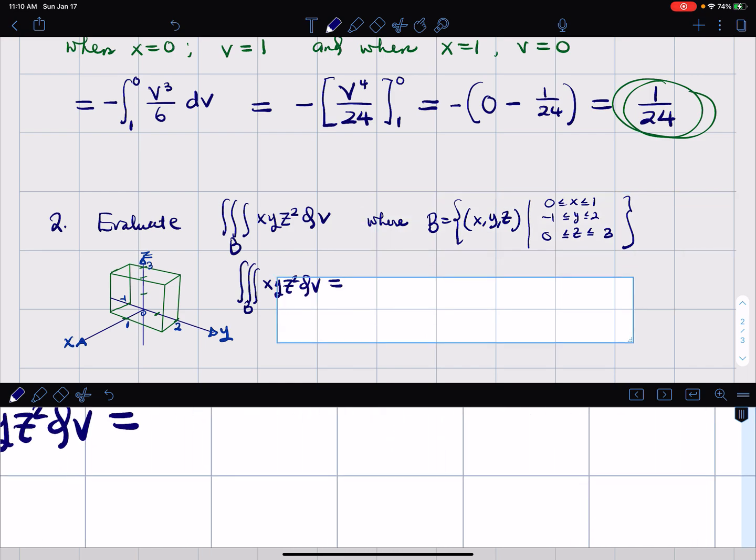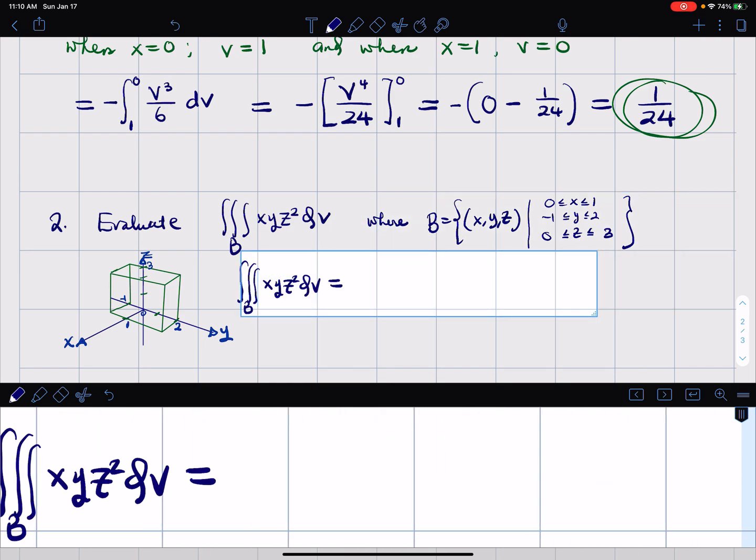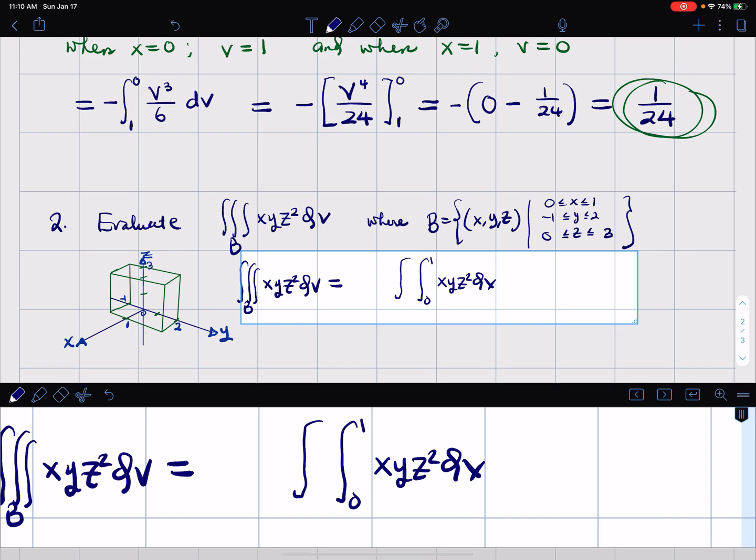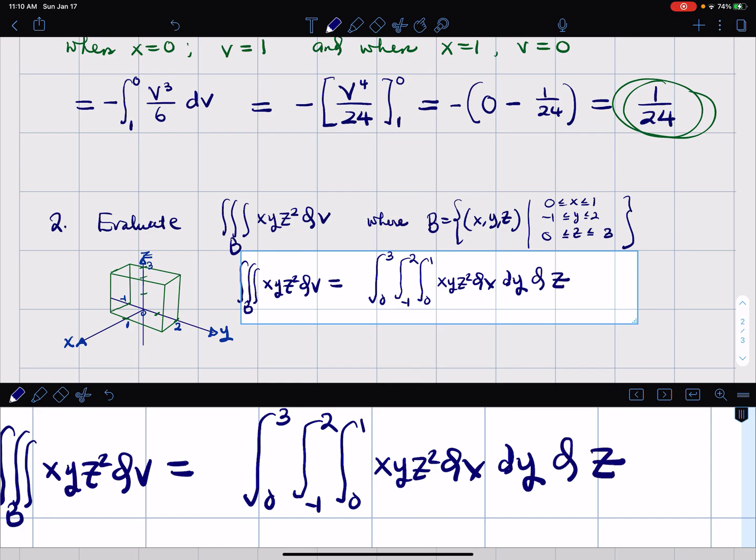Since they are constants, you can start with any one. You can start inside with x first. You can go 0 to 1 of xyz squared dx. And then when you're done with that, you can do -1 to 2 of xyz squared dy, and then you can now go 0 to 3 dz. Okay? And then you can do them one after the other.